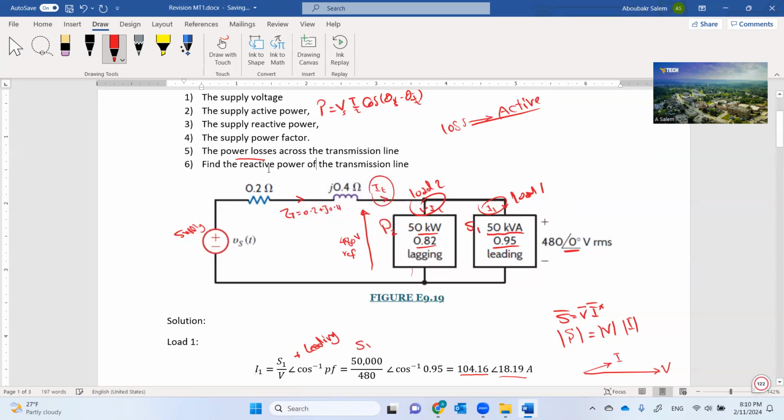If I would like to get the reactive power of the transmission line, reactive power means power across the inductor. So this is not active, this is not P, this is Q.